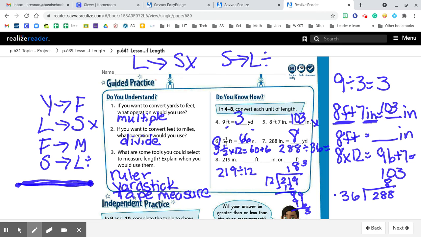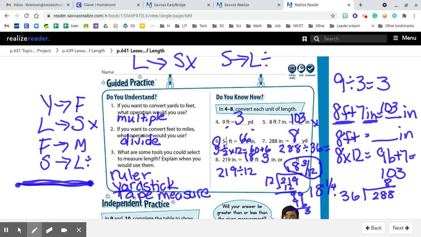And we have 3 inches left over. So we'll have 18 feet, 3 inches. That's our remainder. Or you could even make that, if you wanted to, a fraction, 18 3/4, which would reduce to 18 1/4.